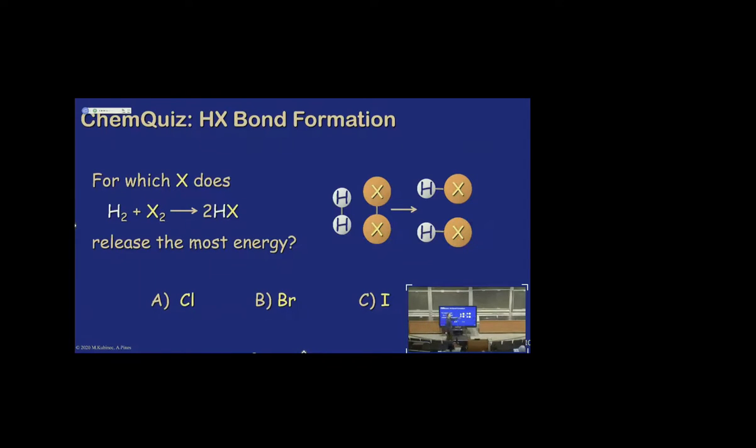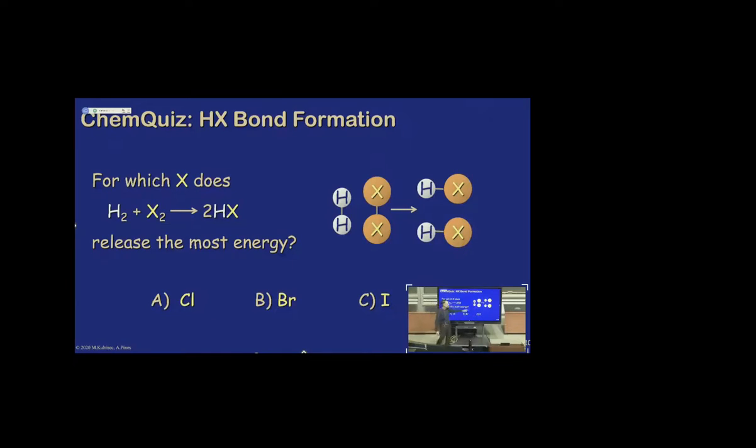So the end result is, which bond is most polar, which bond is strongest? The most polar is the biggest difference in electronegativity, and it's H for all of them. So it's which one of these, iodine, bromine, or chlorine, is the most electronegative, which would make that the most polar bond.